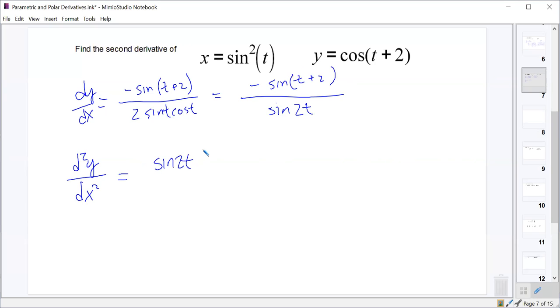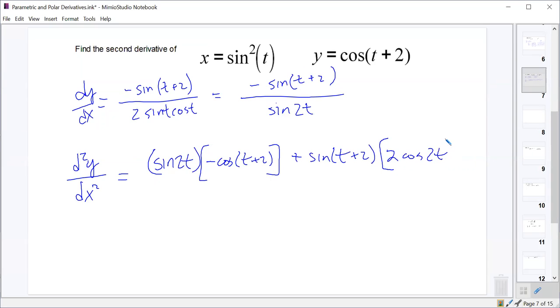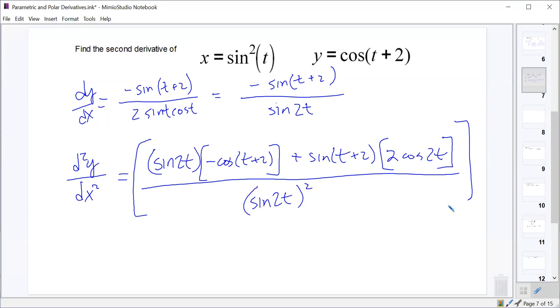Sine 2t times the derivative of this, which is negative cosine of t plus 2, minus this, so that'll become a plus sine of t plus 2 times 2 cosine 2t, all over sine of 2t squared. And that's our d dt of dy dx. And then we need to divide that by dx dt.